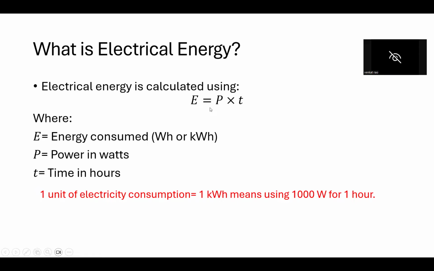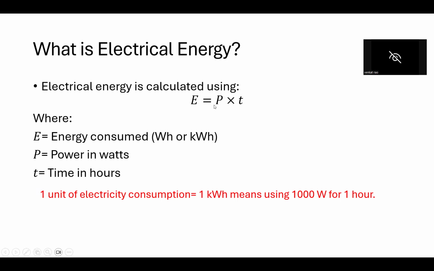For example, in our house, there are different electrical appliances or devices like fan, TV, light, etc. For example, if the fan is running for 5 hours and the fan is operating with a power rating of some 50 watts.